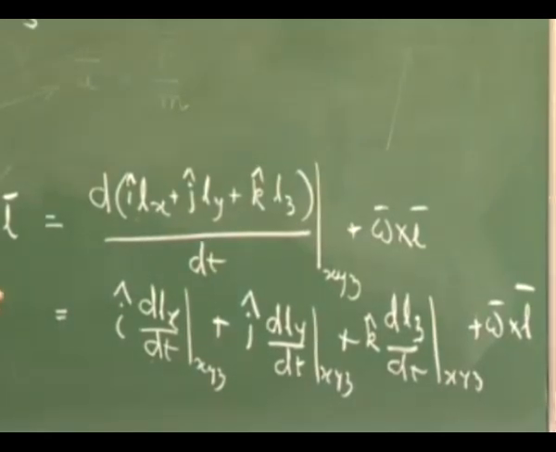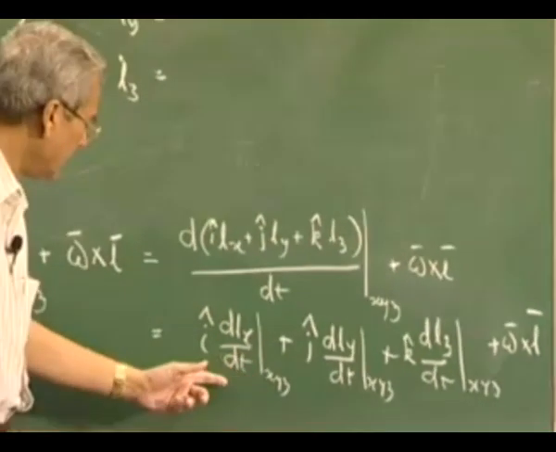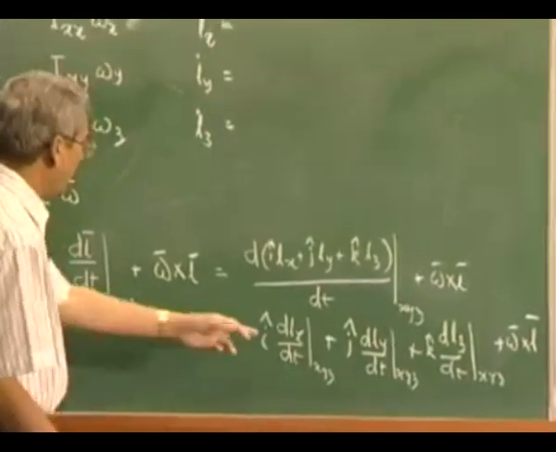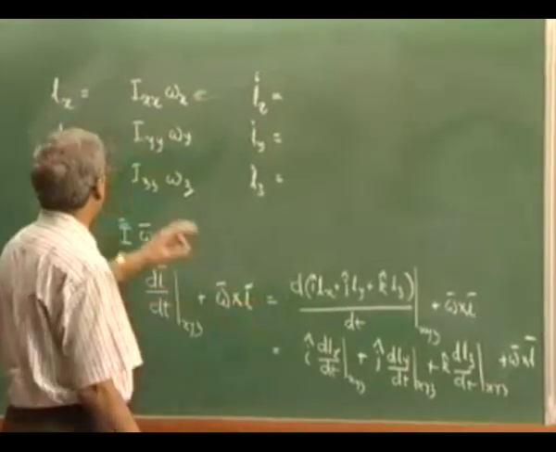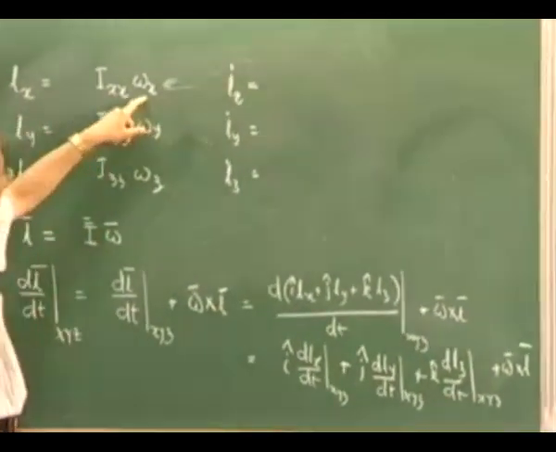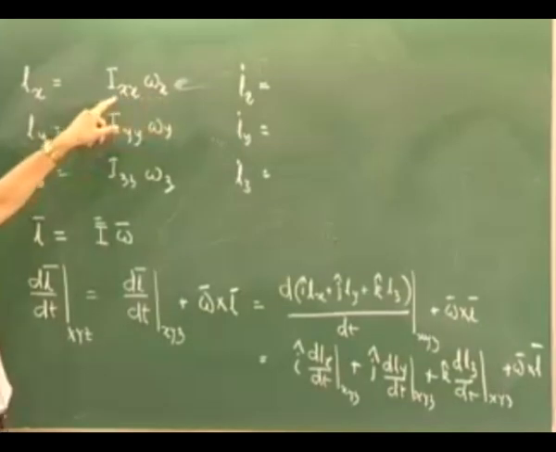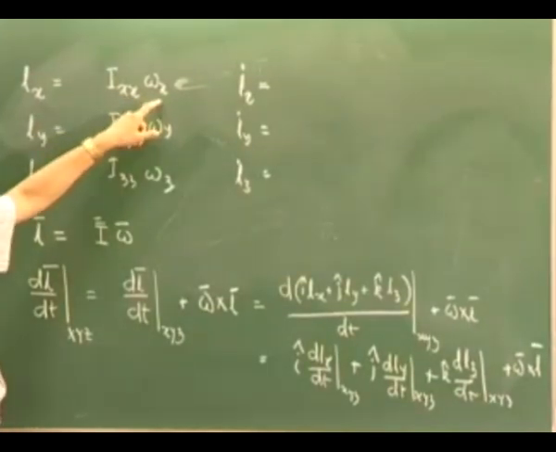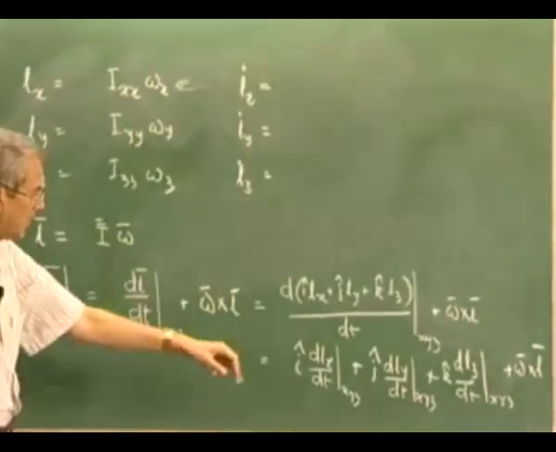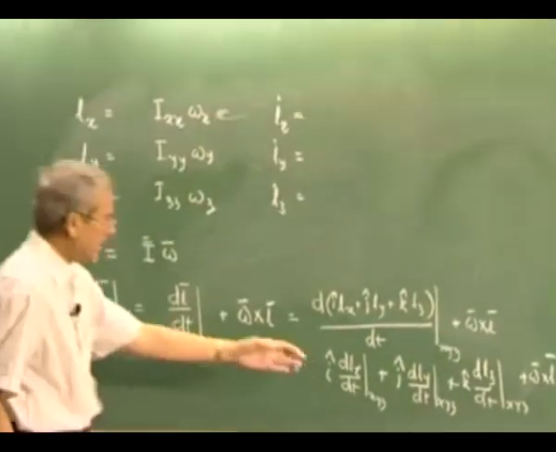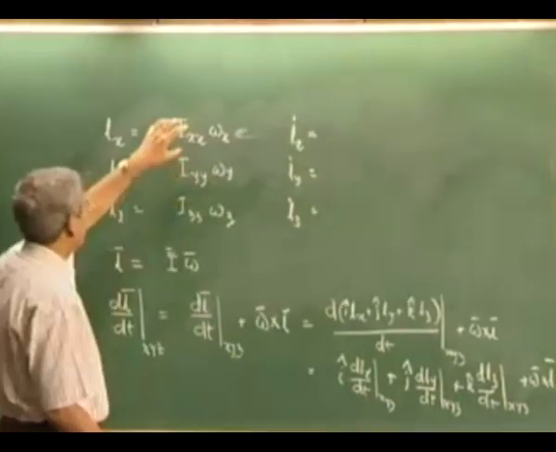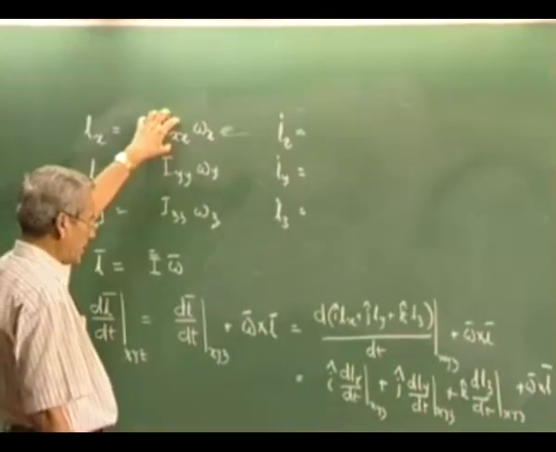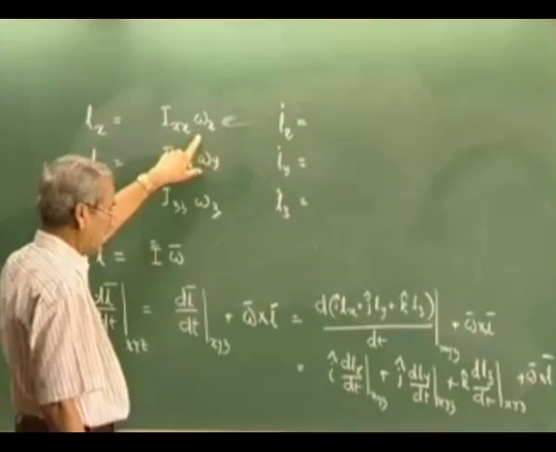Now dLx/dt, Lx magnitude, we are talking about the magnitude of Lx, which is given by this. So if we differentiate this with respect to time in the small xyz frame, then this is a constant quantity in the small xyz system, only this can change.